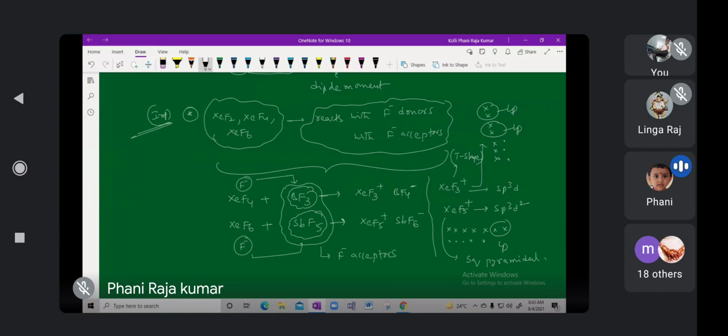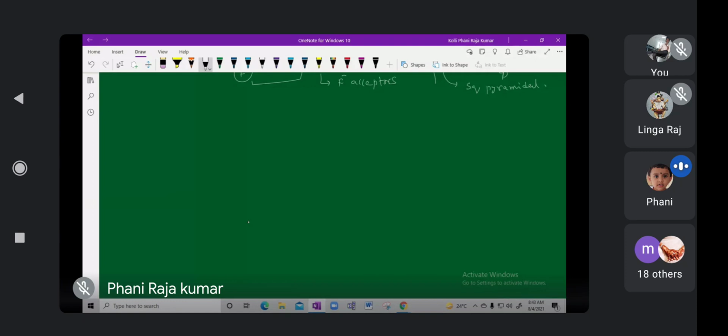Similarly, these compounds react with F minus donors also. Next, one more example I am giving. XeF6 I am taking.